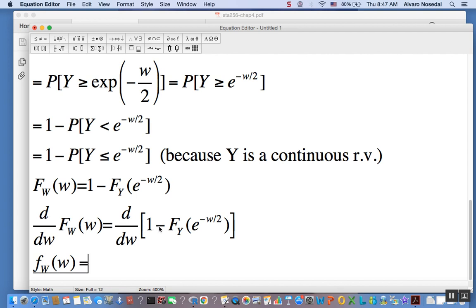Then we have a constant that multiplies a function here, so that's going to be -1 times the derivative of the CDF of Y, which is going to be the PDF of Y evaluated here.